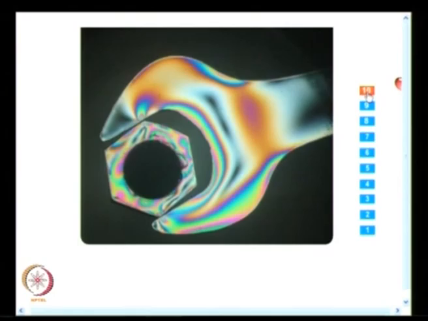I would like you to make a sketch of this in a reasonable manner, at least for the spanner. Forget about the nut, at least for the spanner make a reasonable sketch. And you should thank nature, these are not artificial colors, it reveals the stress information in the form of such rich colors.